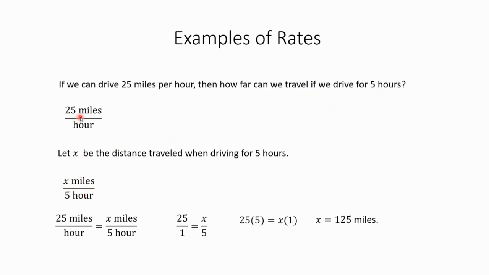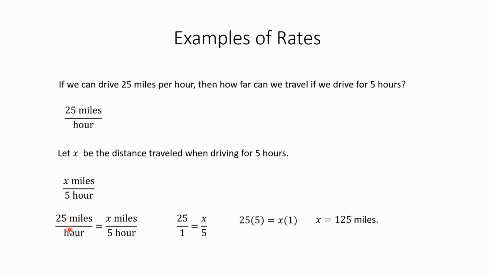This ratio, this rate was based on the given information. This is a rate that has an unknown, which is what we're looking for, the distance we travel if we drive for 5 hours over 5 hours. And then we set them equal to each other. They're actually equal because they both deal with how fast we're driving, miles per hour.